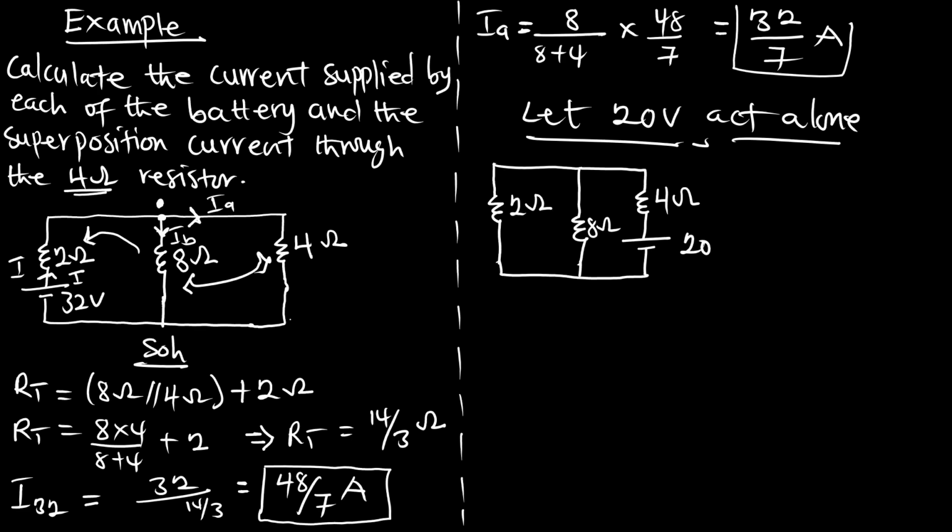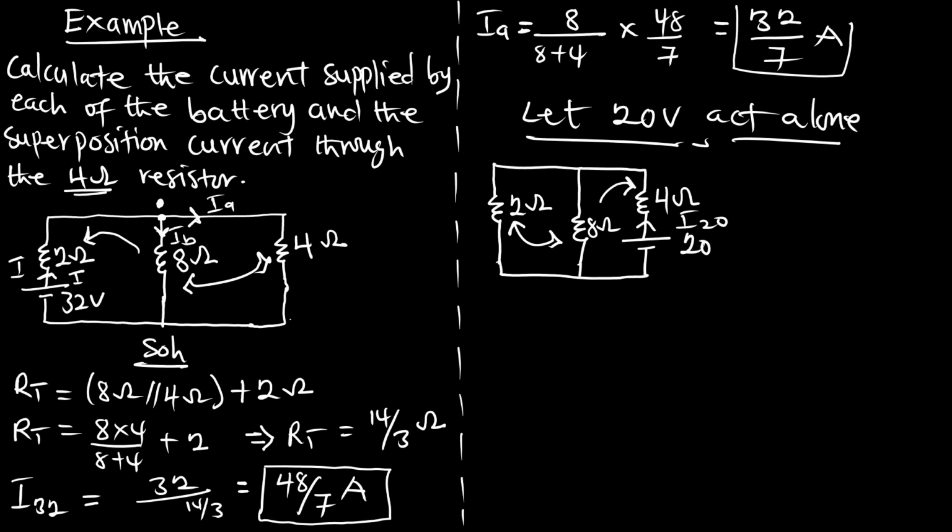So this is also going to produce a current, let me call it I20, and the I20 is going to be known after we find the total resistance in the circuit. Here we can see the 2 and the 8 are parallel, and their effect is going to be in series with the 4.